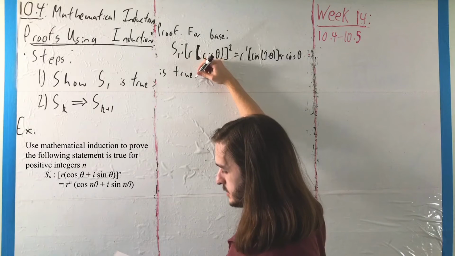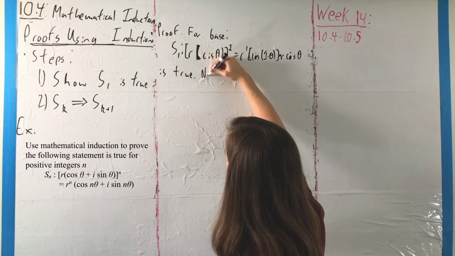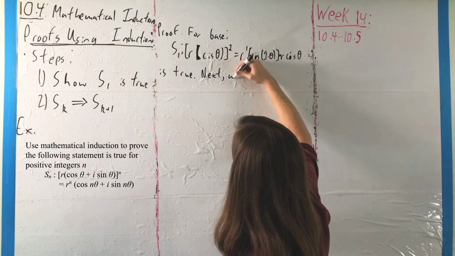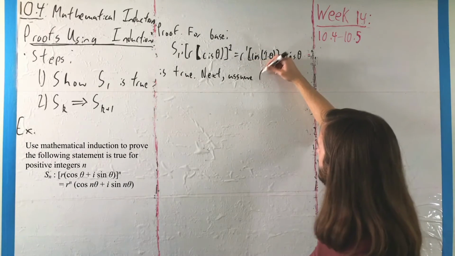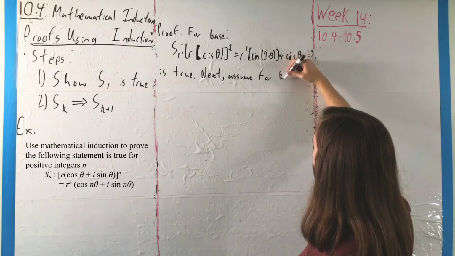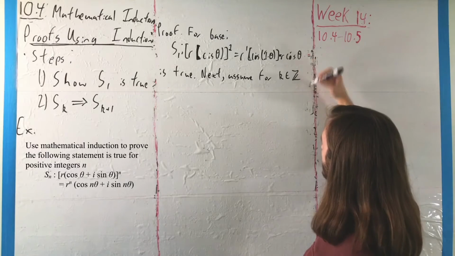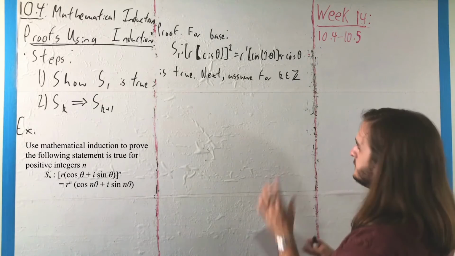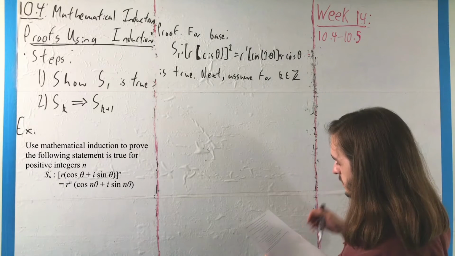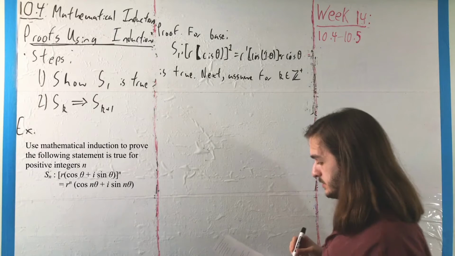So next, we assume that for some integer k, so the shorthand notation for that is k in, and then we draw a bold Z to notate the integers. Don't worry too much about that notation. It's just a shorthand there, where actually it should be even more specific that we're talking about the positive integers.